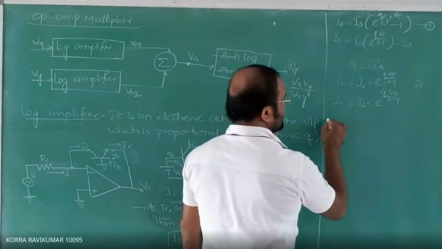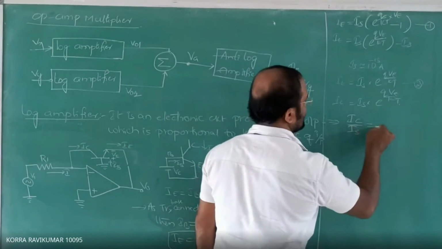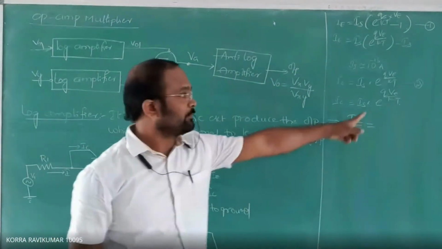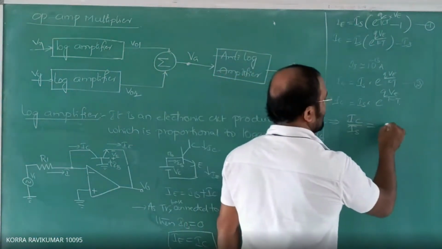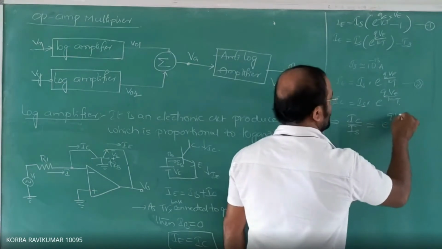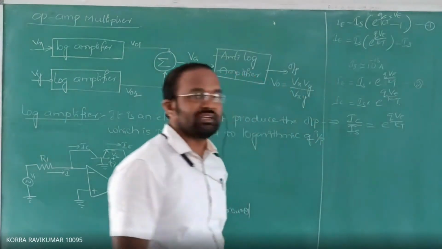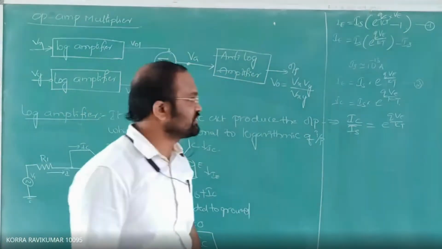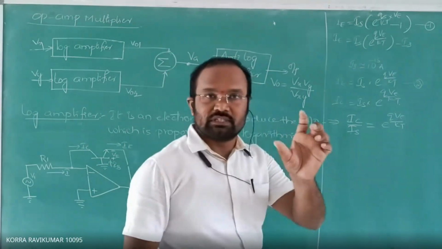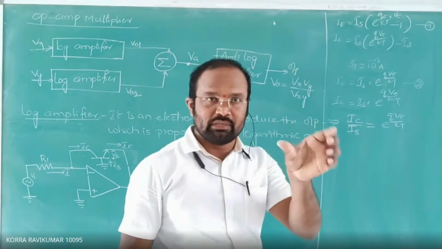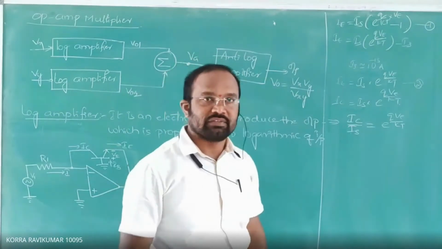I can also write this expression as IC by IS, bringing IS to the left hand side, equals e power Q into VE by KT. Where K is the Boltzmann constant, T is the temperature, Q is the charge of an electron, and VE is the voltage present at the emitter terminal, or in between emitter and base terminals. IC is the collector current, IS is the reverse saturation current.